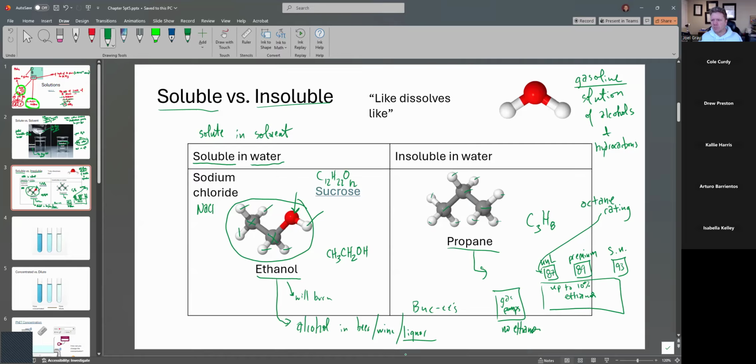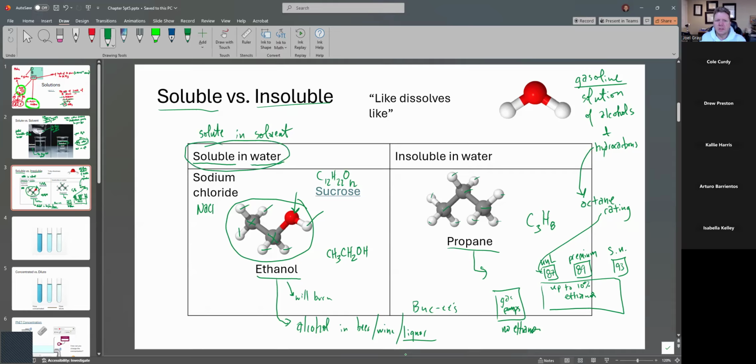But basically, these numbers are a measure of levels of contaminants, not ones that are going to be super harmful to the average car engine, but basically how much octane is in there. Octane is an example of a hydrocarbon. The higher the number, the higher the percentage of that mixture or solution that is octane.